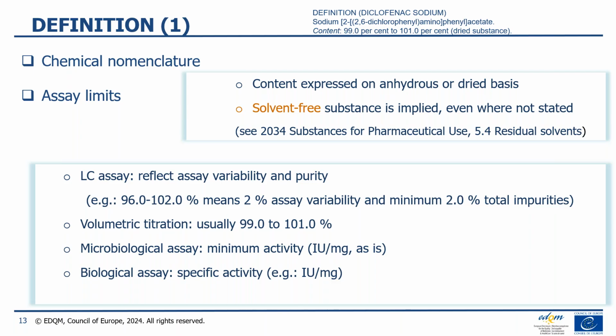The upper limit would be set to 102.0% to reflect the variability of the method. The usual limits for a volumetric titration are 99.0 to 101.0%. And in some monographs, you can find a microbiological or a biological assay, where the minimum or specific activity is described.